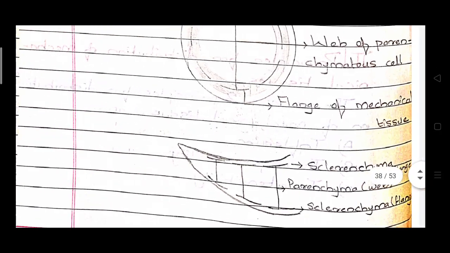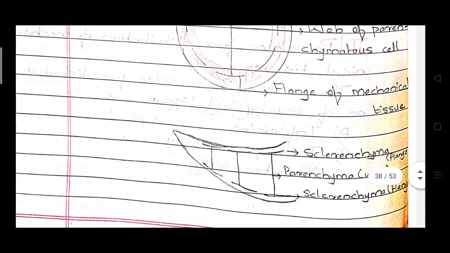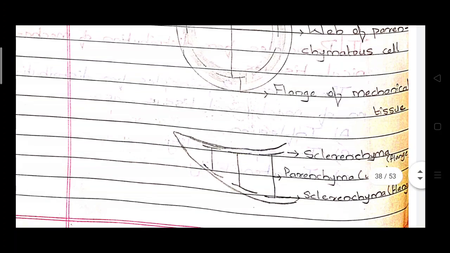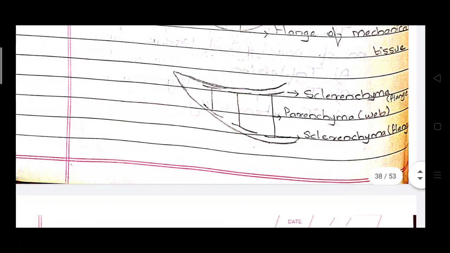So these flanges and web, that is the eye shape, is the mechanical tissue system. That's why this is the first principle, inflexion. In inflexion, sclerenchymatous flanges are present on both sides, connected with parenchymatous cells which form the web. So this is the first principle.